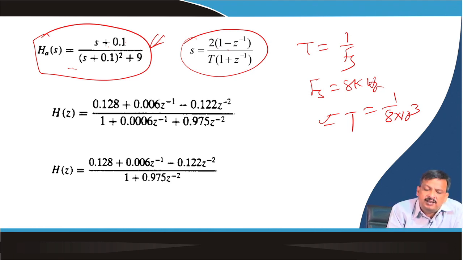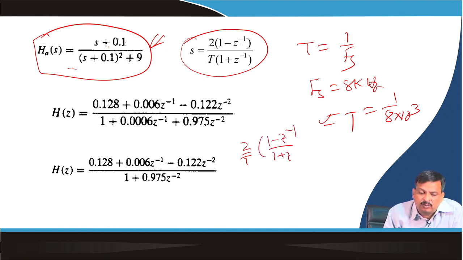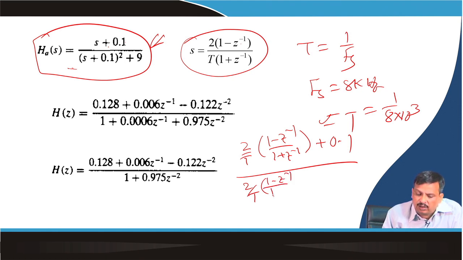Then 1 plus z inverse divided by, let us say, 2 by T into (1 minus z inverse) divided by (1 plus z inverse), plus 0.1, divided by (2 by T into (1 minus z inverse) divided by (1 plus z inverse) plus 0.1) whole square plus 9.